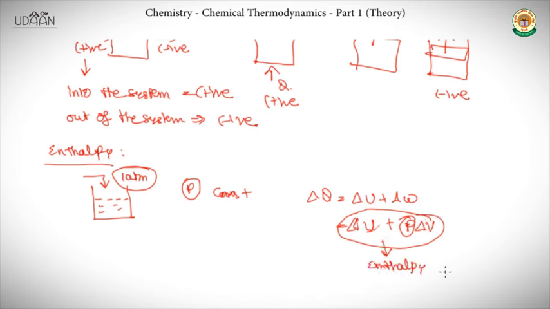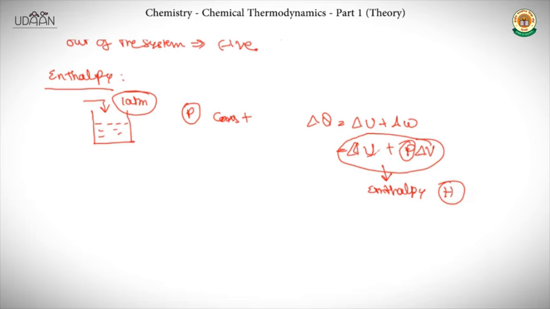So enthalpy is nothing but heat evolved or heat into the system, but under constant pressure. For making our calculations simpler, we just introduce this term, that's it. Just don't confuse it.